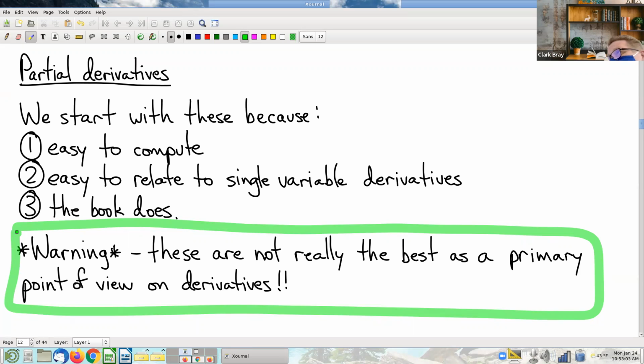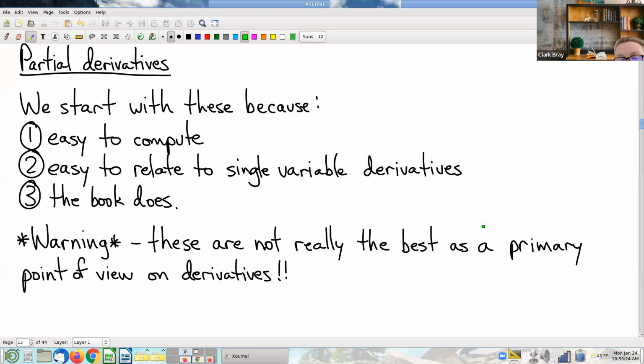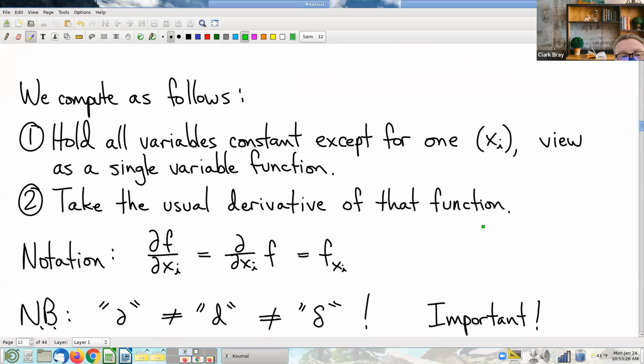We start pulling on the thread there, but ultimately it's a tool that's useful for certain particular purposes, but it's ultimately not what a derivative is. So you've been warned, and you're going to hear me complain about that a lot throughout the rest of the course.